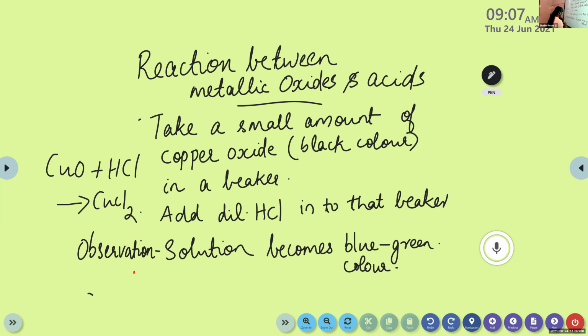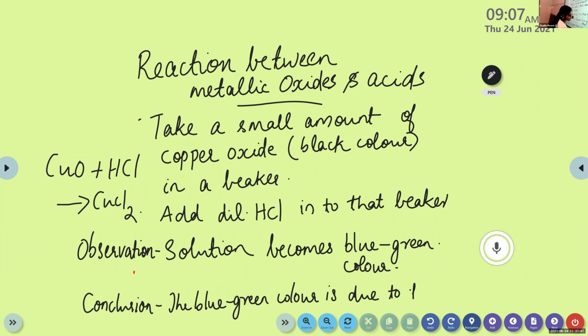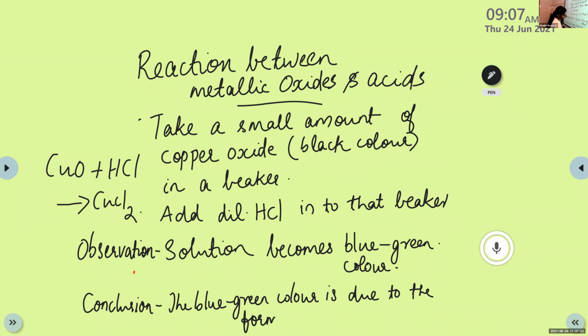So here the conclusion: the blue-green color is due to the formation of CuCl2, that is copper chloride.